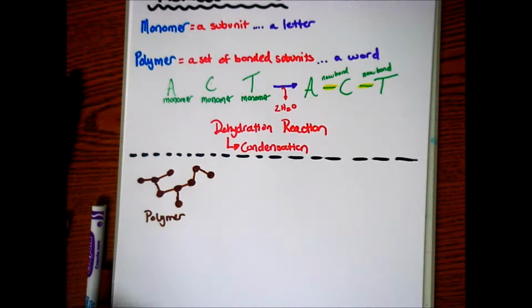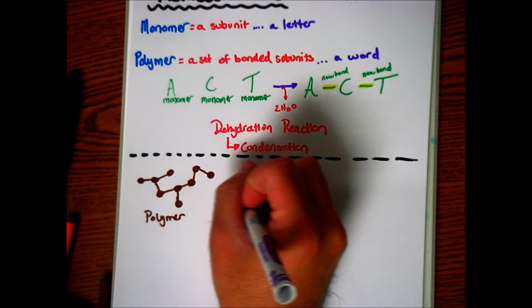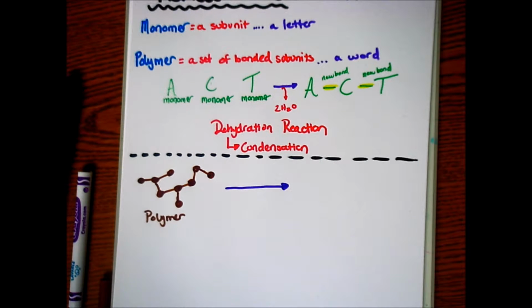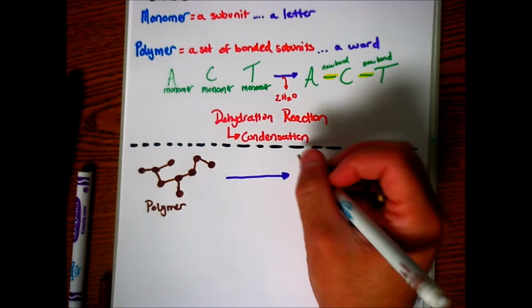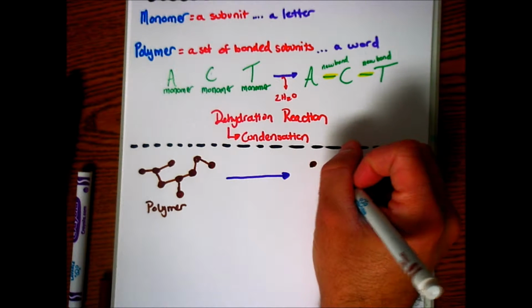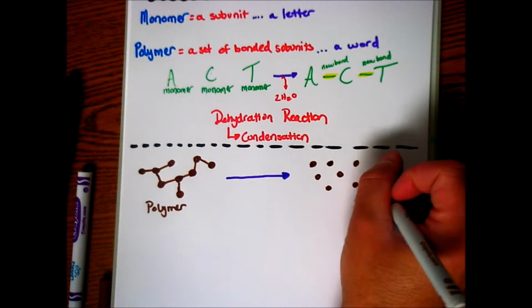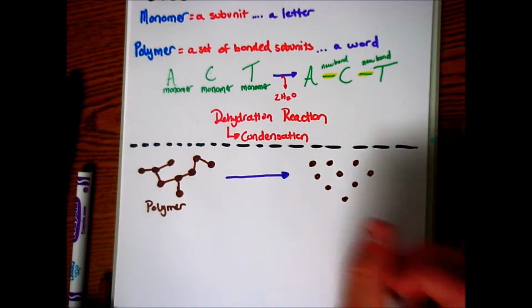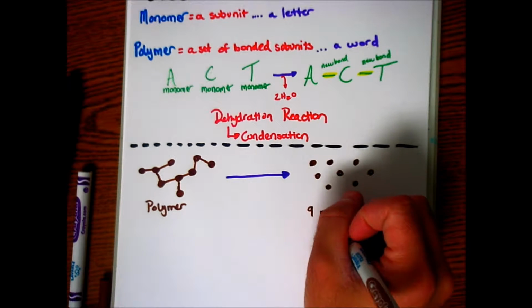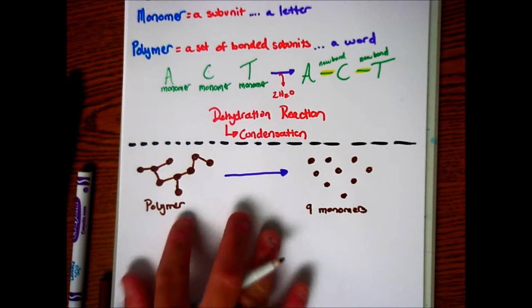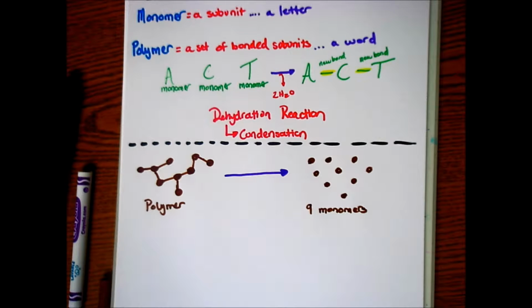And if I was going to do a reaction in which I'm breaking down the polymer, the yield of this process, if I was able to break it entirely down, would be 9 individual pieces. There's 2, 3, 4, 5, 6, 7, 8, and then 9. So I have here 9 monomers. These 9 monomers are formed by the breakdown of a single polymer.